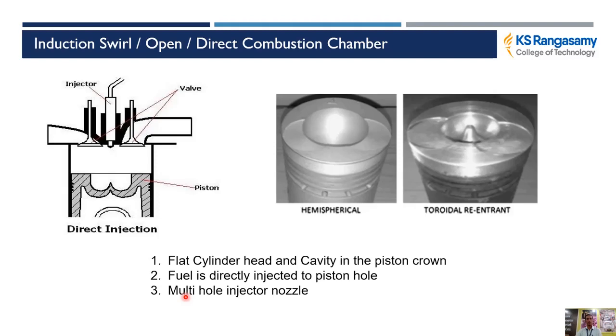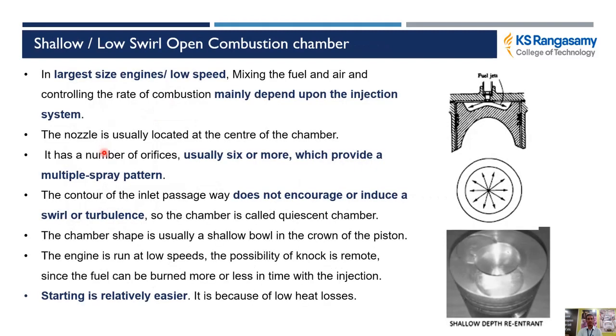So for the open combustion chamber, we have to remember three important points: there is a cavity on the piston crown, the cylinder head is flat, and we have to use a multiple hole injector. These are all the things to consider when designing the open combustion chamber.